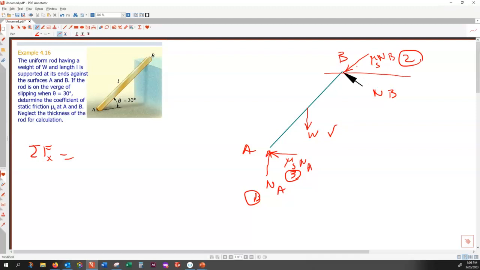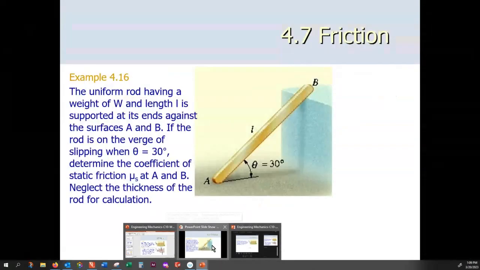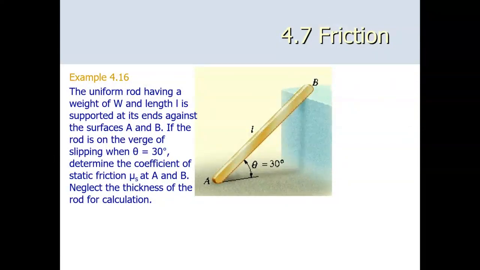So this will be 30 degrees. That will be 60 degrees. And this is 30 degrees. You can resolve the forces horizontally and vertically, no problem. Also, when it comes to point of rotation, you can take the rotation with respect to point A or B, either of them would do the job. So that is what I wanted to say about the strategy of solving the problem.